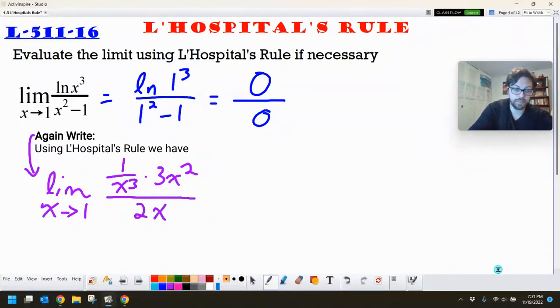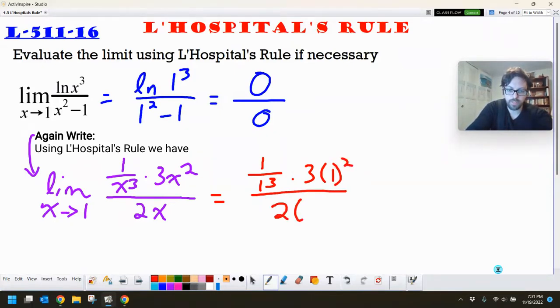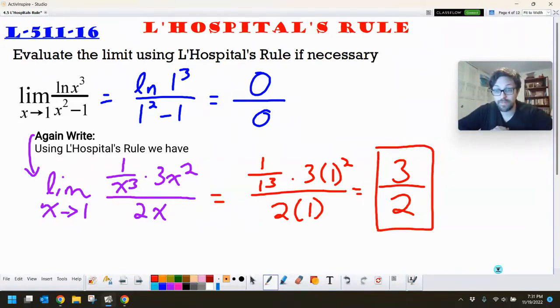Now I could do work to simplify that down, but I'm about to do the limit, so let's just plug in. That is going to be 1 over 1 cubed times 3 times 1 squared, over 2 times 1. This will be a lot easier to simplify. 1 over 1 cubed is 1, times that 3 is going to be 3. In the denominator, we have 2. So that is our limit, 3/2.